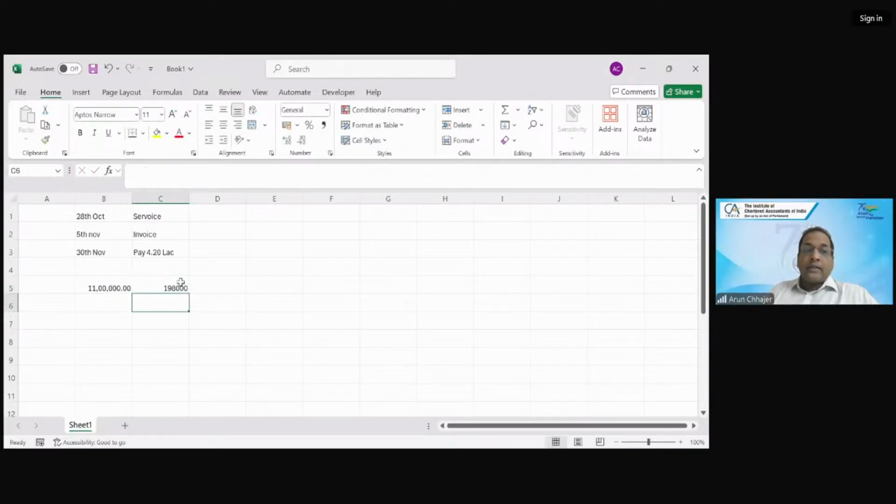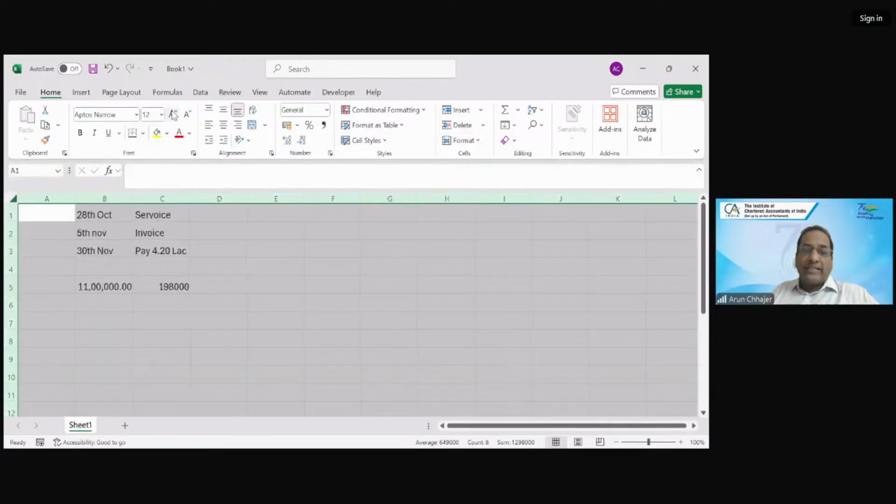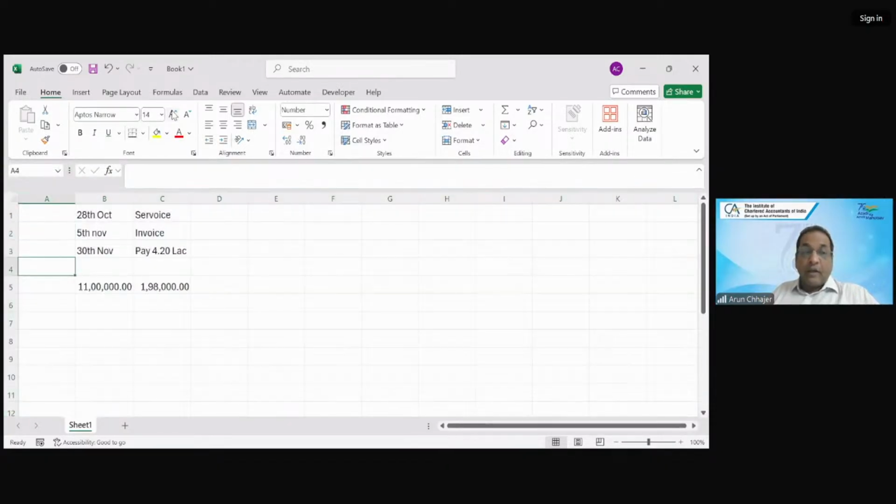So he will be able to take full ITC of 1,98,000. Correct? After that, on the expiry of the 180 days, he needs to reverse the ITC to the extent of non-payment.